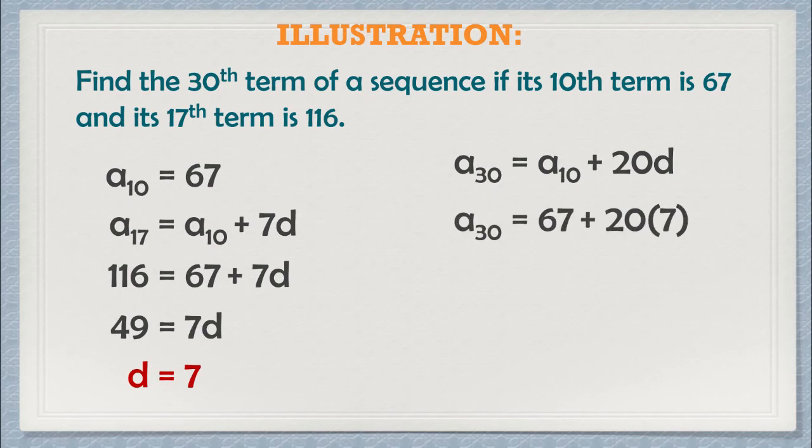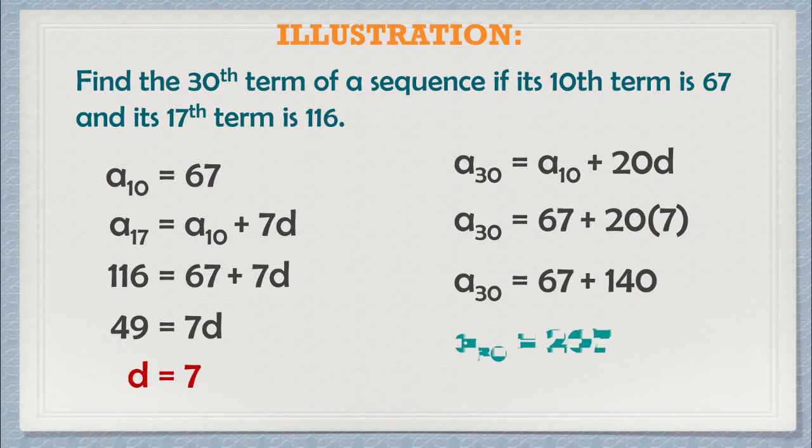Therefore, a sub 30 will be equal to 67 plus 20 times 7, which will give us this. So a sub 30 will be equal to 207. Therefore, the 30th term is 207.